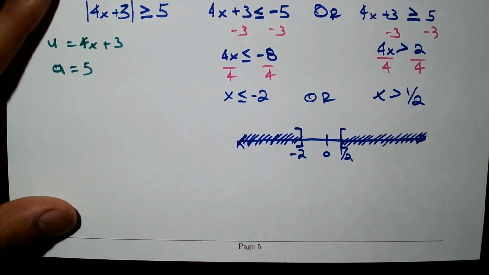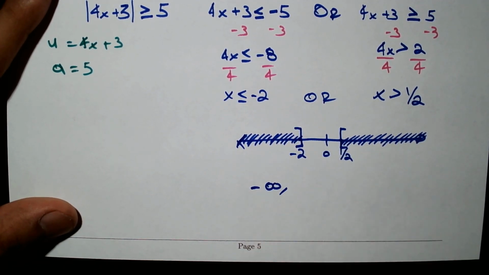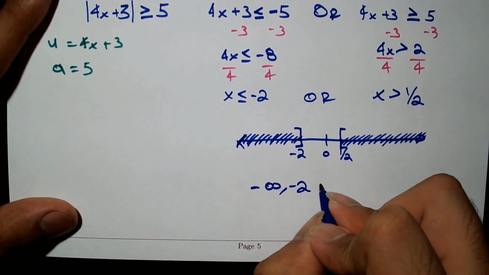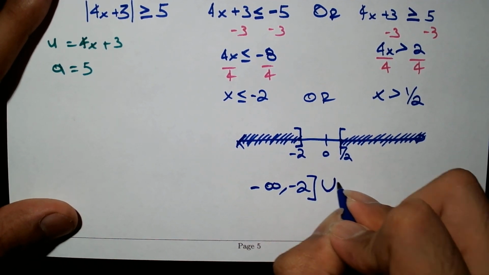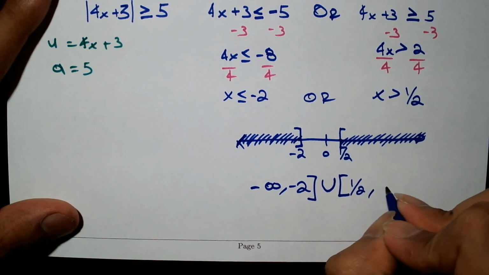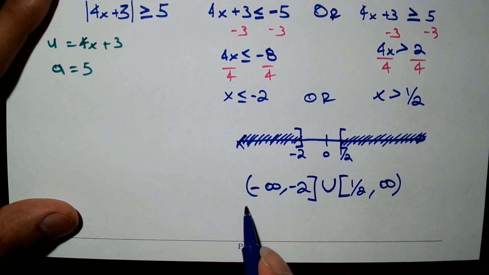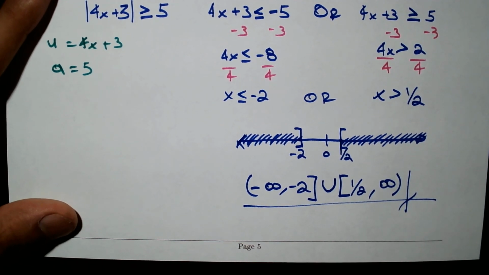So writing this using interval notation, this is going to go from negative infinity to negative 2 bracket, union, 1/2 to positive infinity. And that's the final answer for this inequality.